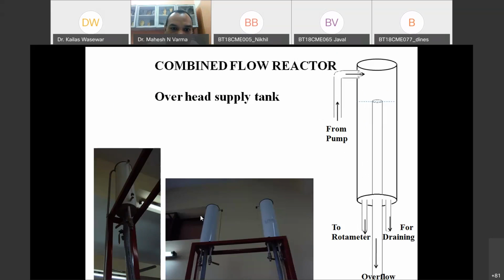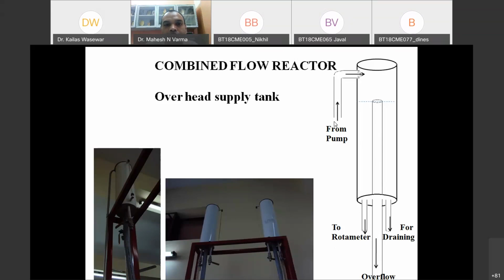There are two, ethyl acetate and NaOH. For NaOH, if the level is above this, the excess NaOH will flow back to the same NaOH tank. Similarly for ethyl acetate, and this output is connected to the rotameter, and this is for draining.